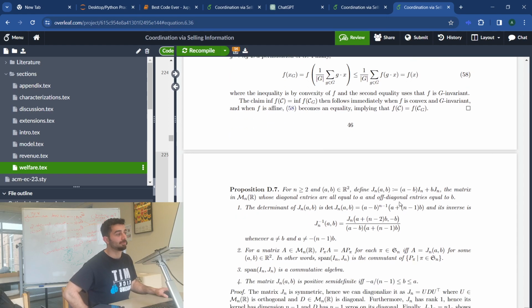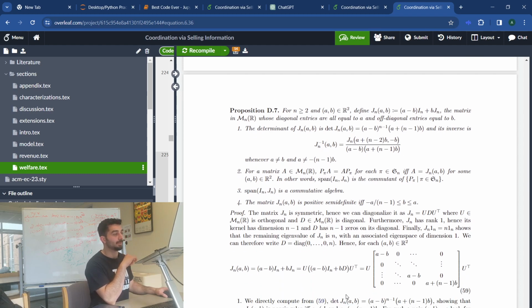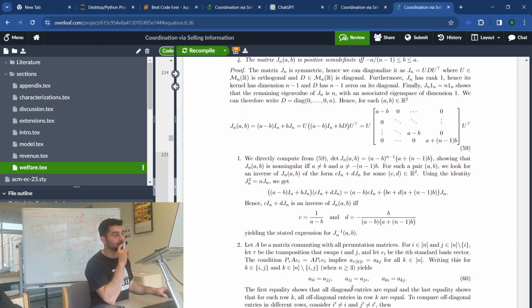We have its inverse form. So we can compute this stuff, all good.